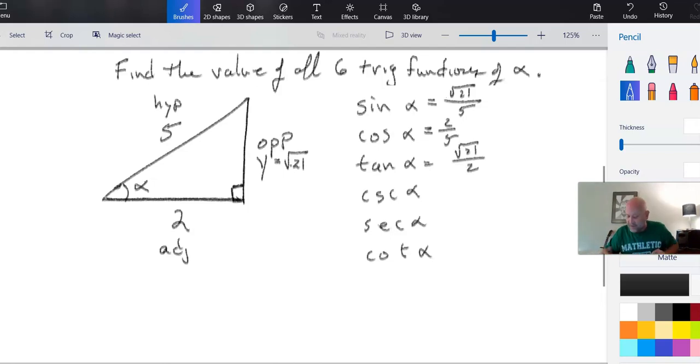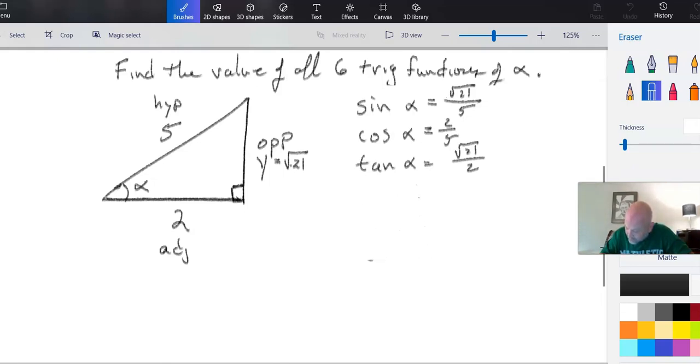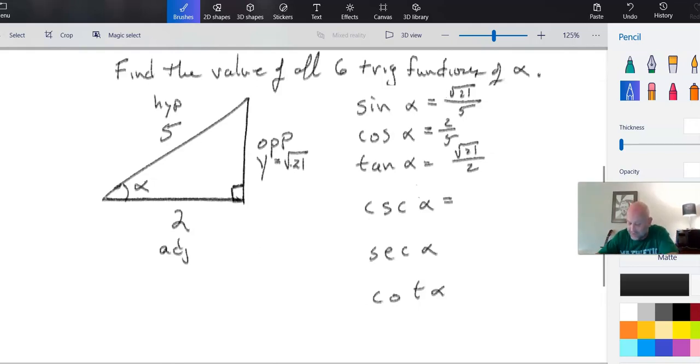And then we have our last three here, and I actually want to put a little more room between these because I'm already running out of room. Okay, so we had cosecant alpha, secant alpha, and cotangent alpha. Now these guys are all reciprocals of the first three.